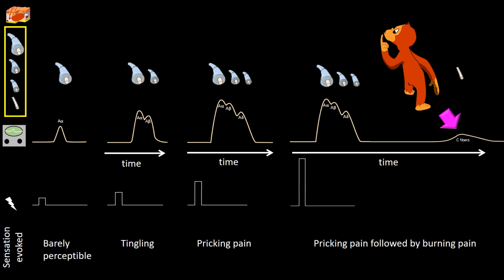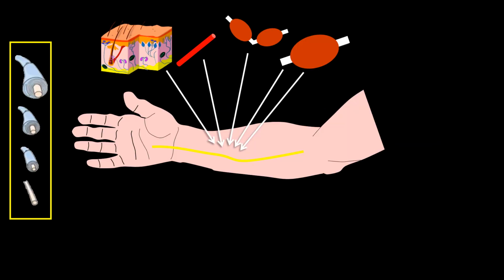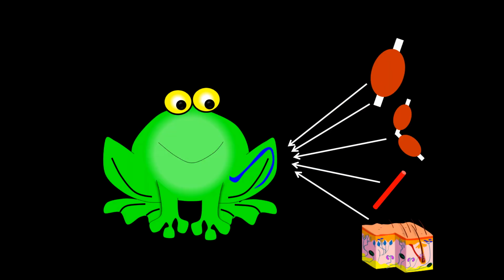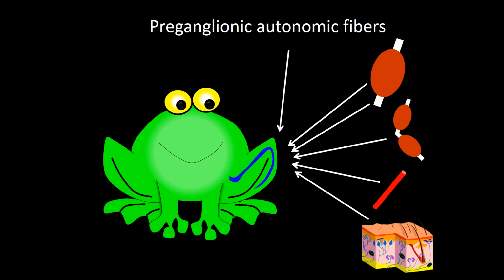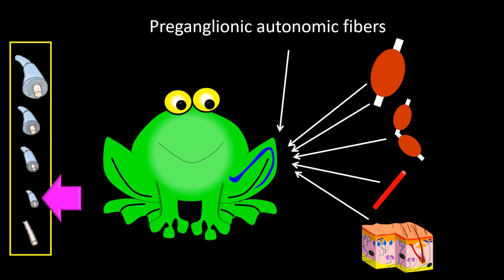Again, an inquisitive mind would ask, why was it not labeled B? The explanation is simple. This classification was first developed using frog sciatic nerve, which, in addition to the functional axon types present in human peripheral nerve, as we know from the answer to the previous question, also has preganglionic autonomic fibers, which correspond to the thinnest myelinated fibers present in frogs.